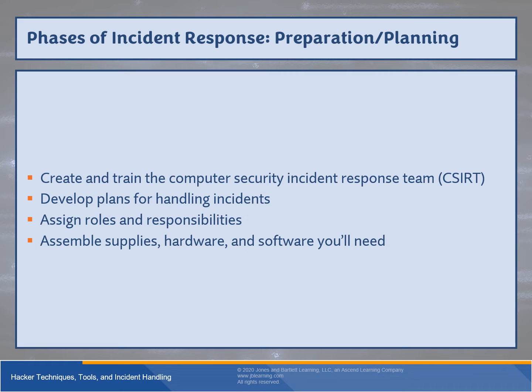So phase 1, we're going to create and train a computer security incident response team, or CSIRT. This team is going to be specifically tasked with developing plans for handling incidents, assessing an incident pre, post, and mid-occurrence in certain cases.